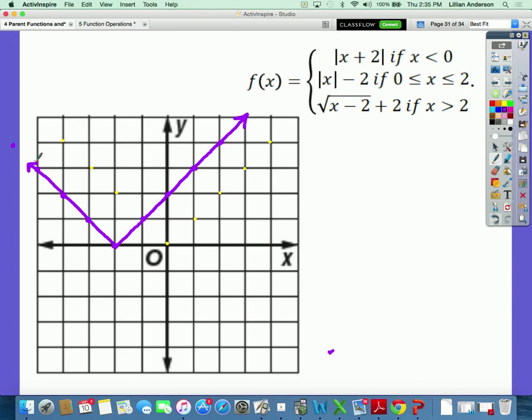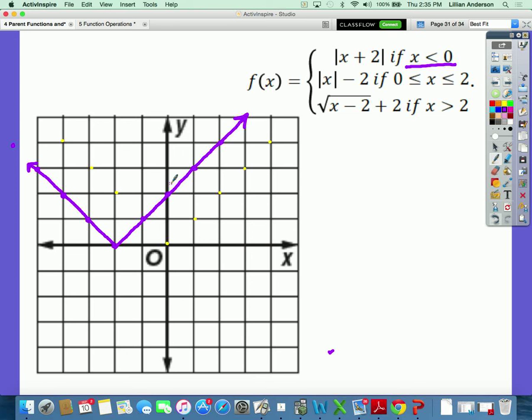But the thing is, I don't want the entire absolute value function. I only want the part where x is less than 0. I want everything from here over, which way?